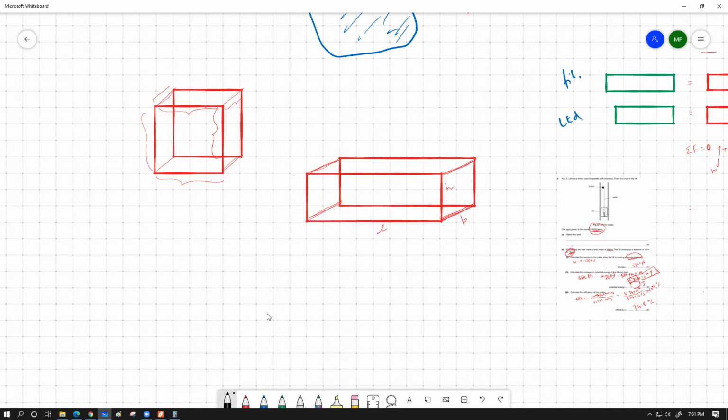We can measure the length from multiple different orientations. That's the whole point, and eventually we can average it to get the average value.